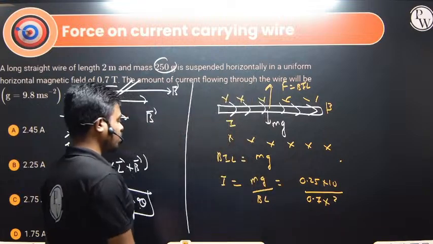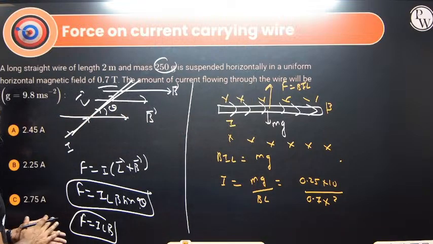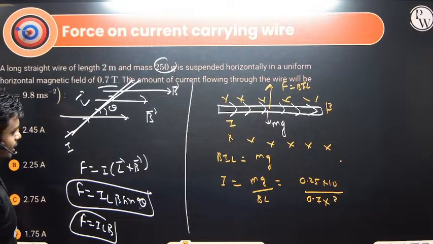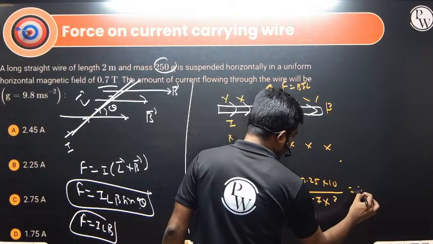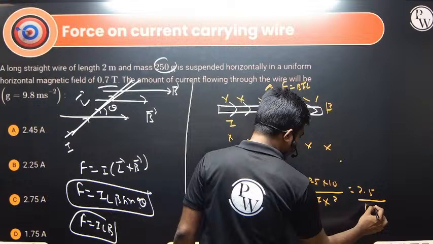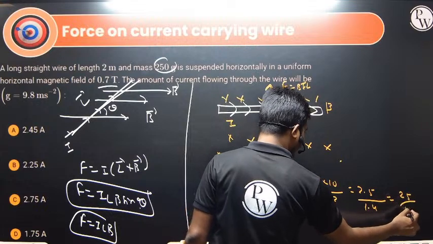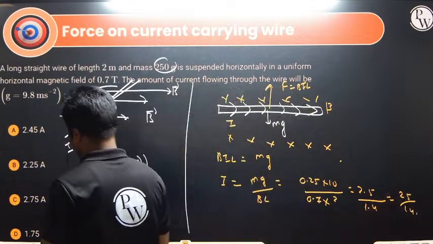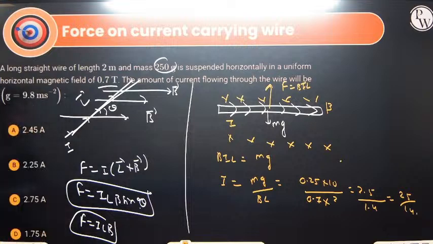Solving this, we get 2.5 divided by 0.7 into 2, that is 1.4, so 25 by 14. The answer will be 1.75 approximately. If we take g as 9.8, we would get a slightly different value, but the answer will be 1 point something, that is 1.75.